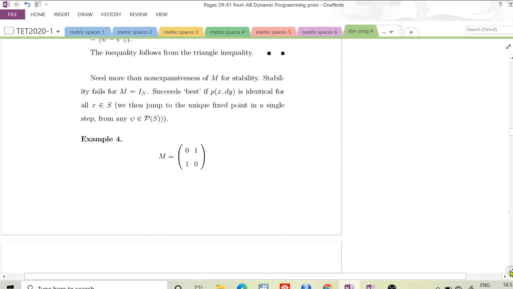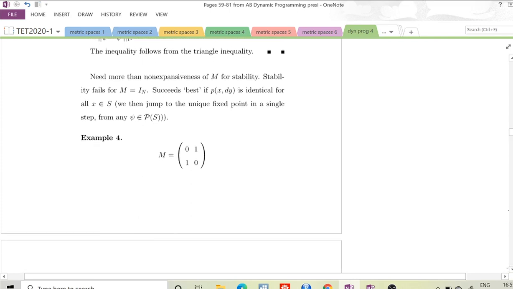Instead, I'll give a simple example of a Markov process that is not globally asymptotically stable. So consider the Markov process where the transition matrix is this, with the off-diagonal elements being 1, a two-state world with these being 1, right?